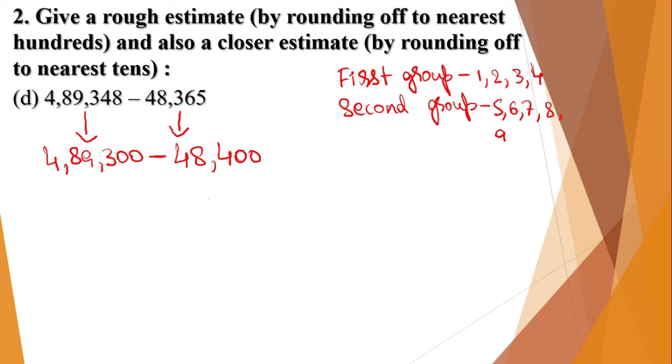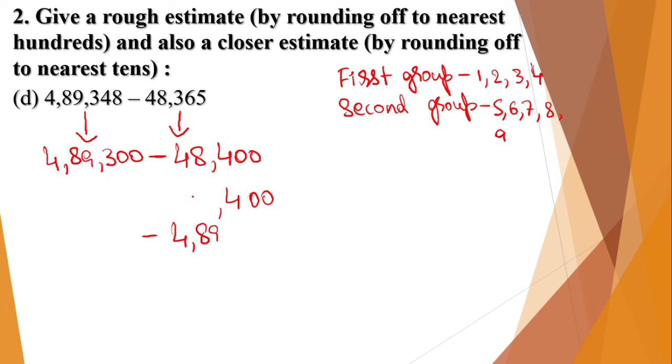So 48,365 rounded off to the nearest 100 will give us 48,400. Now the operation is subtract here, right? So let's subtract the numbers. So 4,89,400 minus 4,89,000.